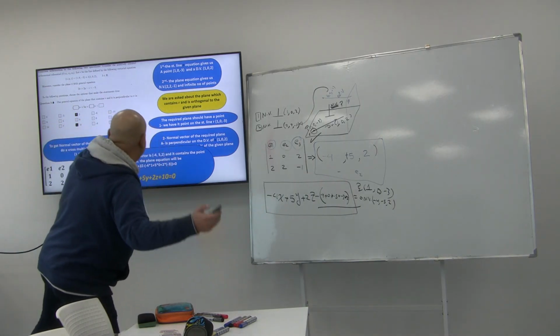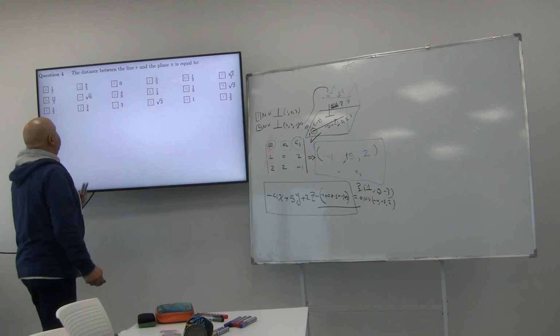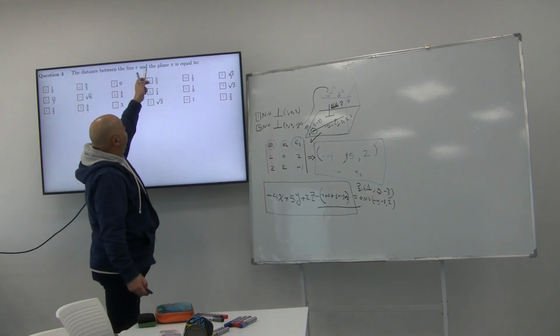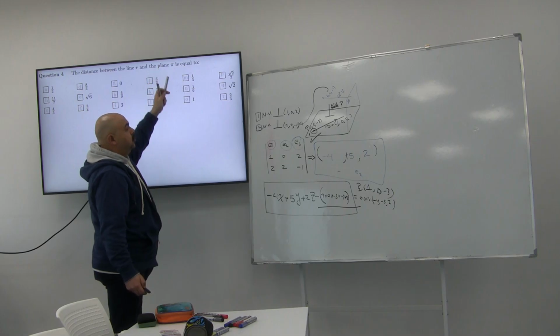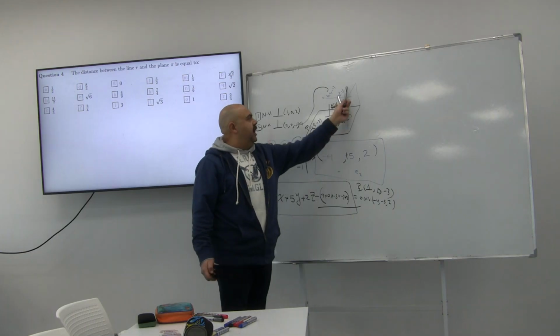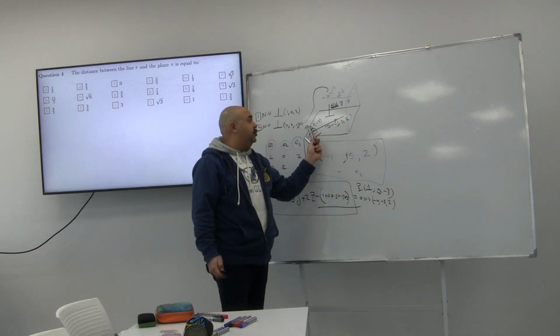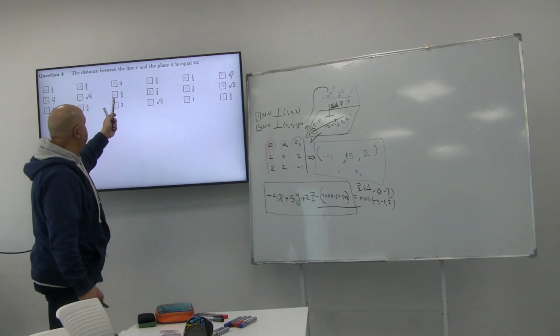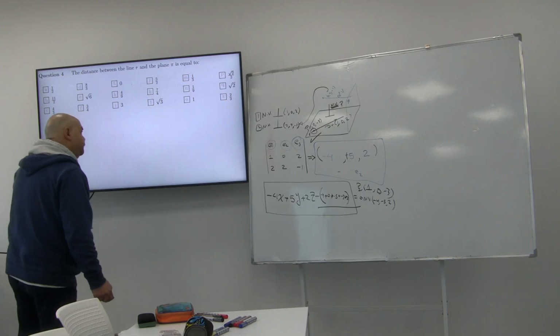The second part of this question is stating to you, get the distance between the straight line R and the plane pi. So once more, this is the straight line R, and that's the plane pi. I will need to get the distance between the straight line and the plane pi.